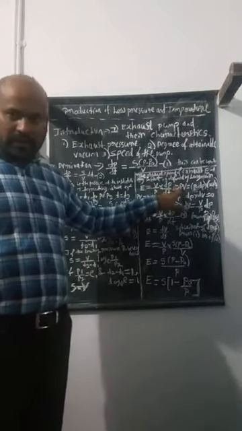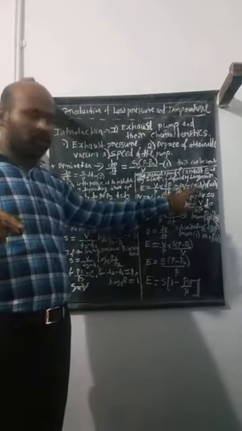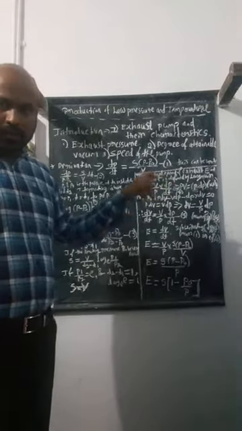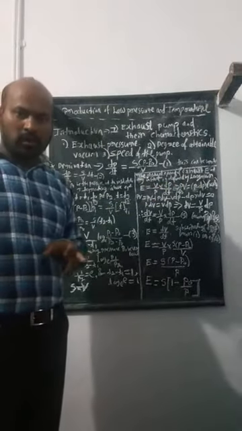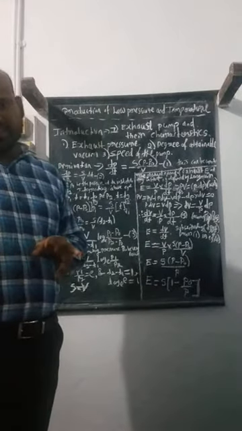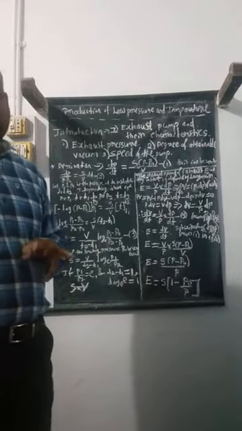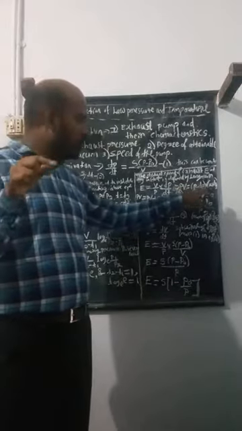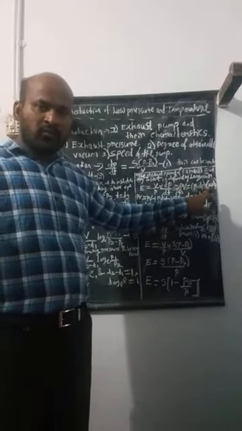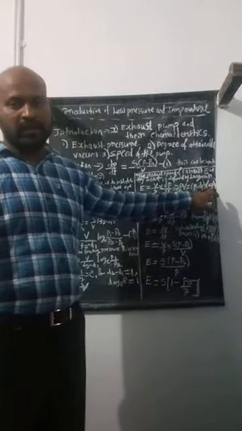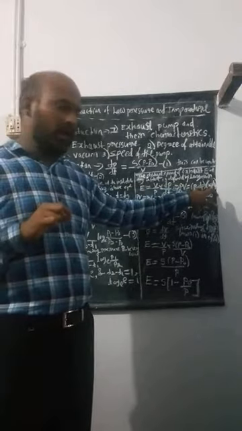Next, there is a relation: the product of pressure and volume, we can write as P. The pressure is decreased, so P minus dP, a small change in the pressure that is negative, and into the volume, there is an increase of volume, V plus dV, an increment of volume.